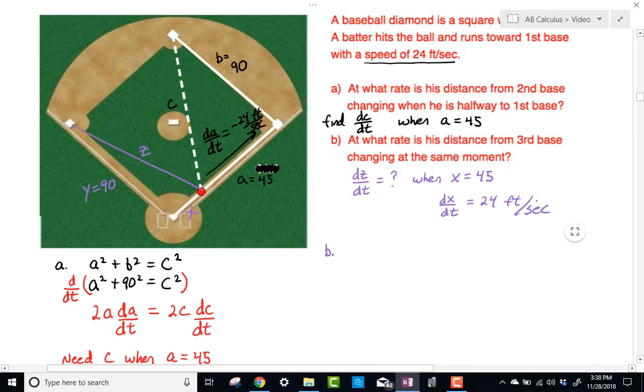Since we're looking at a different triangle, this is increasing, so we're not going to put in a negative this time.